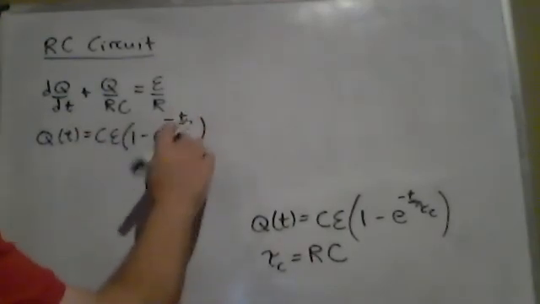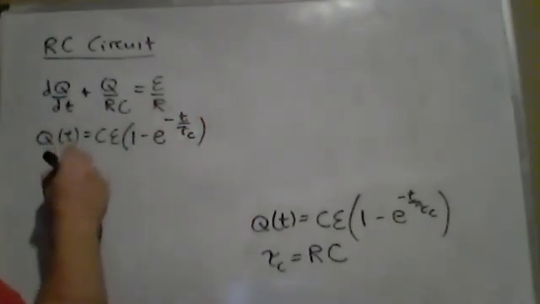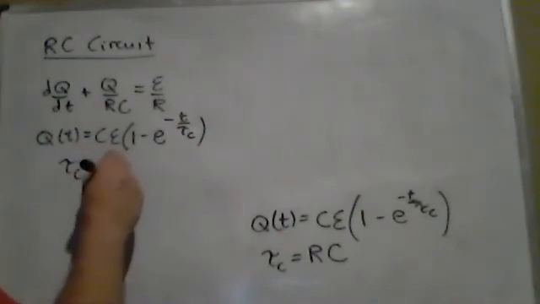And tau sub C is the capacitive time constant. Tau sub C is just RC.